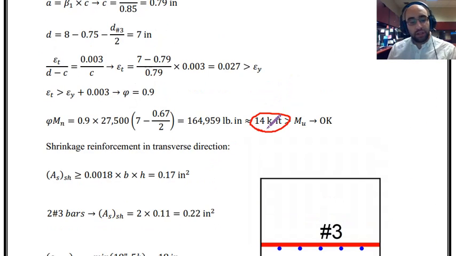As you can see, the strength that we got is very close to that. So the section that we designed is good in terms of the strength, and it is also passing the requirements for spacing of reinforcement. The design is not done yet.